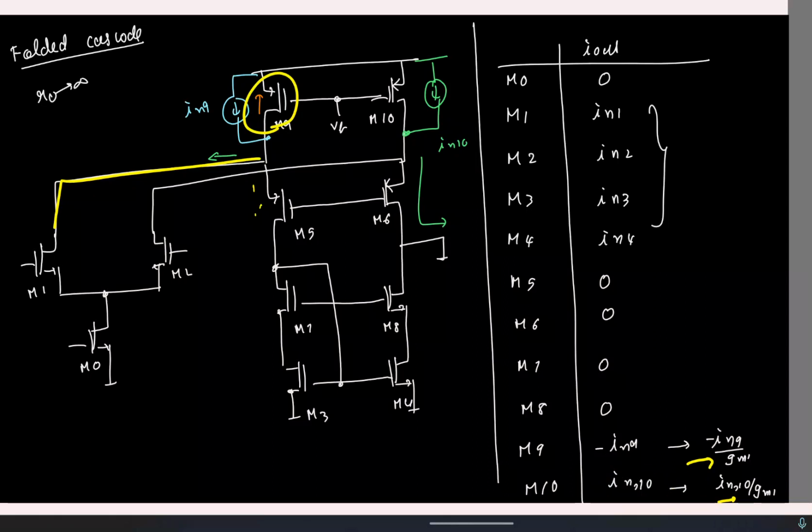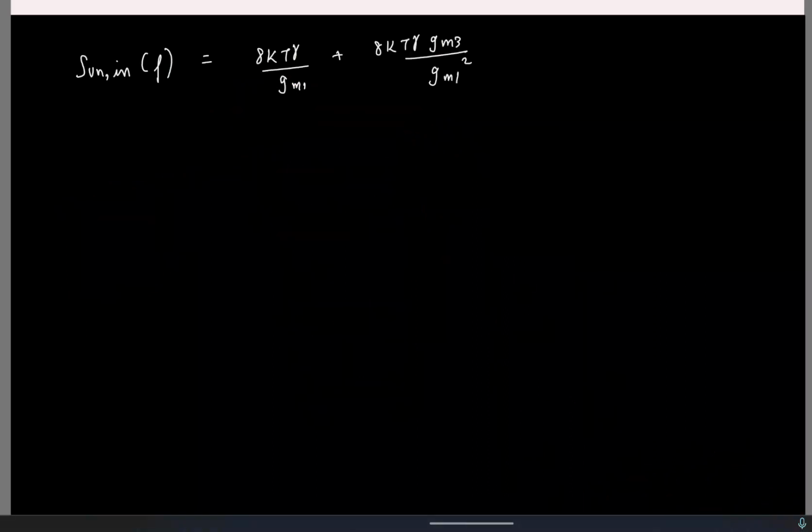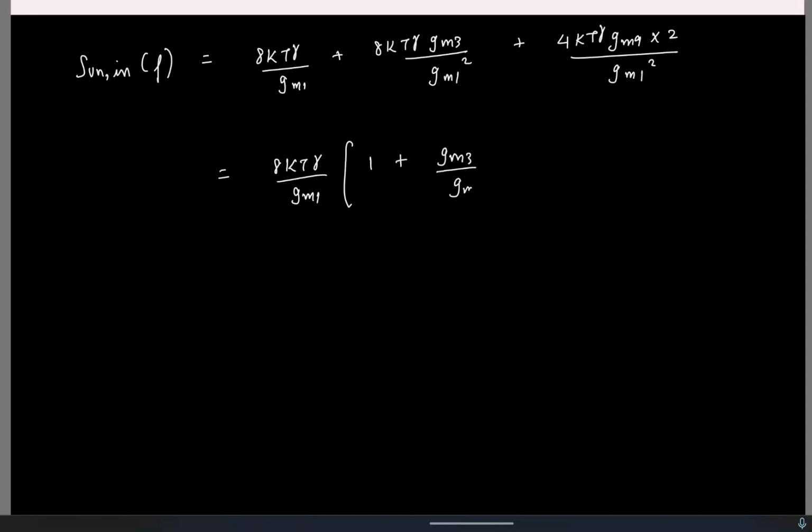The power spectral densities of IN9 and IN10 are the same, 4 kT gamma times GM9. I will assume M9 is the same as M10, so it's twice, and we have this. So it's 8 kT gamma by GM1 times, GM3 by GM1 plus GM9 by GM1.